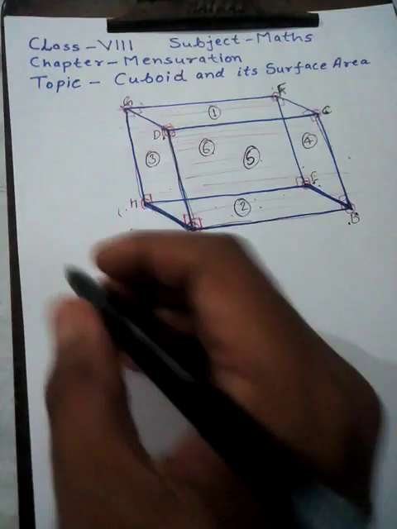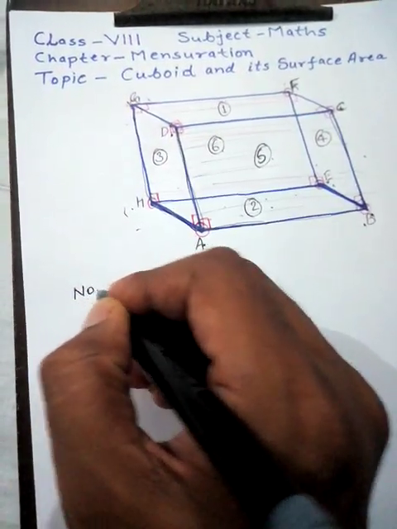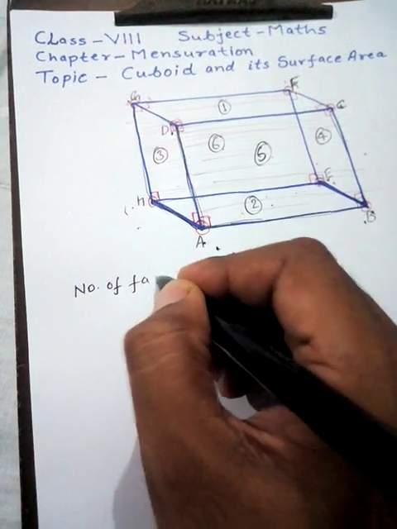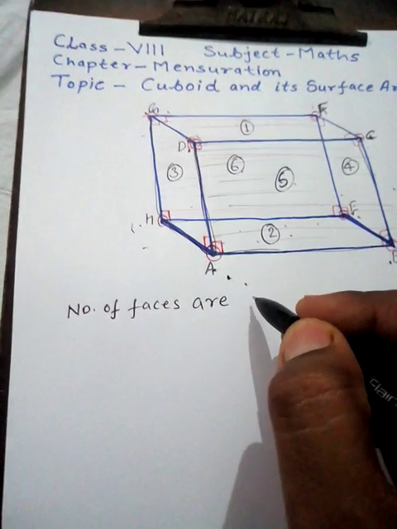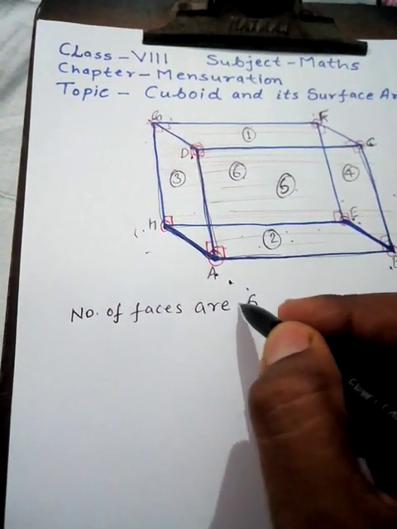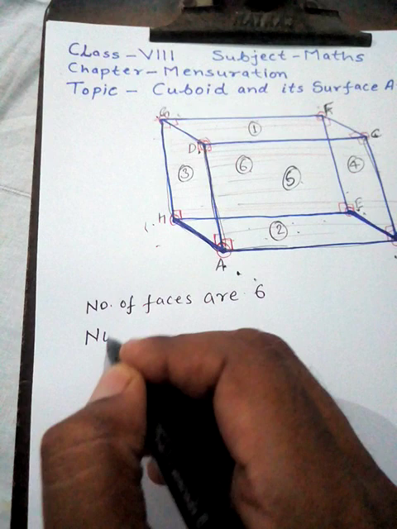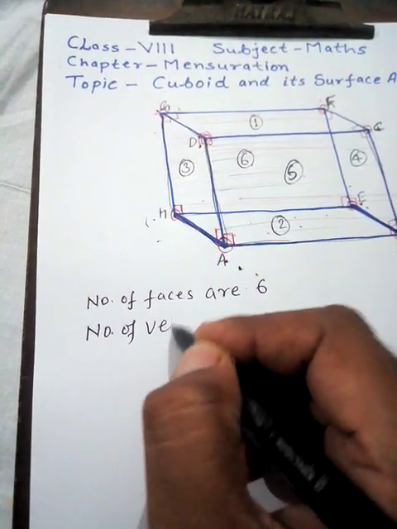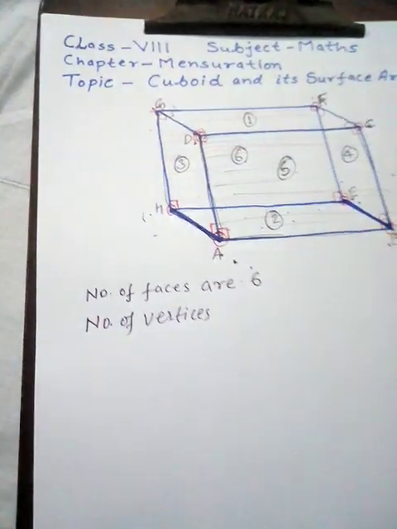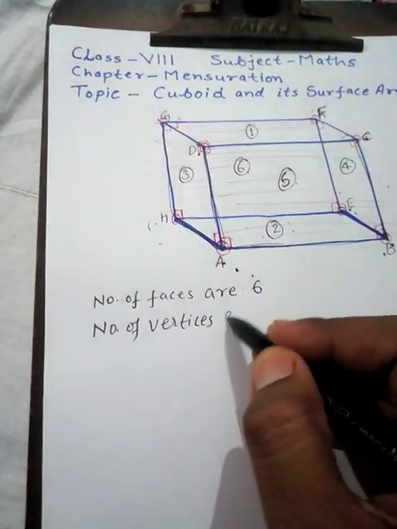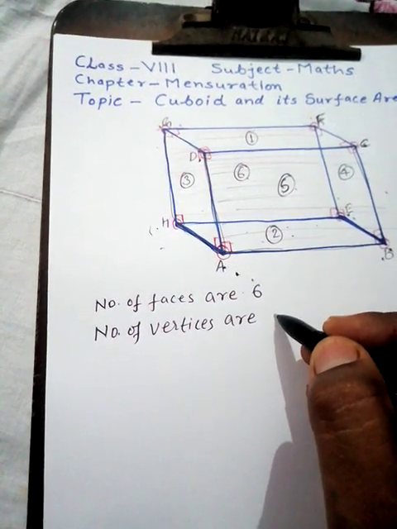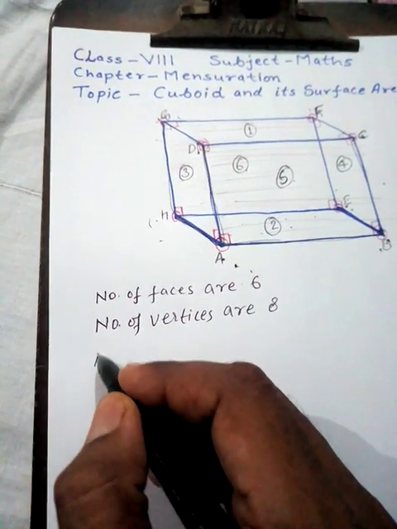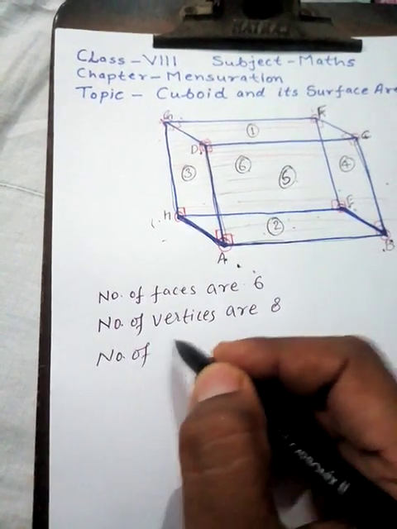So the number of faces is 6, the number of vertices is 8, and the number of edges?